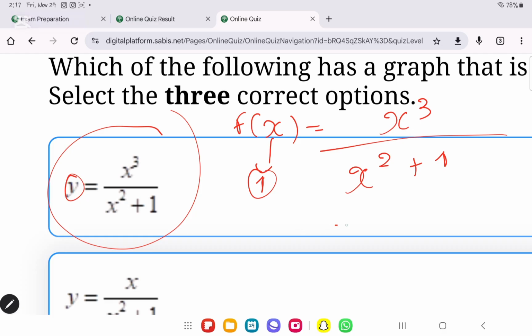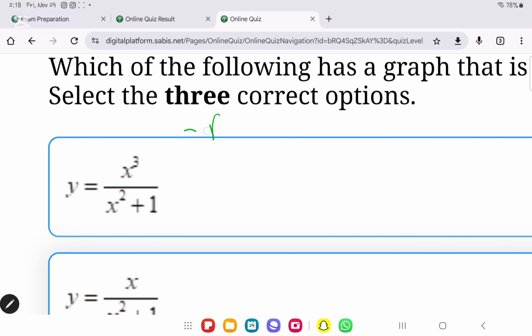Substitute the x by 1. So then we are going to get 1 to the power of 3 over 1 to the power of 2 plus 1. Okay, and if you do it on your calculator, you are then going to get 1 over 2. So that means f(x) is equal to 1 over 2. What about minus f(minus x)? Let us find out. If we chose 1 for x, we're going to choose minus 1 now for minus x.